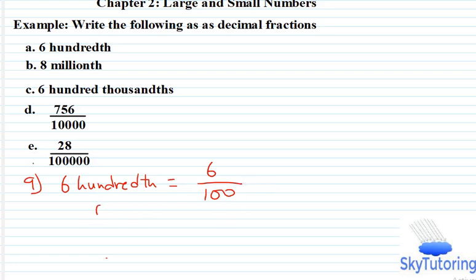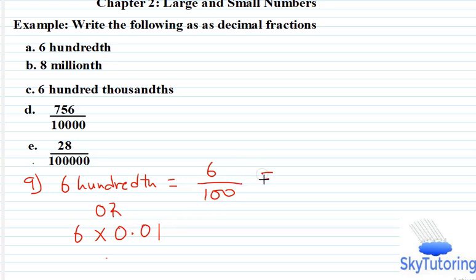Or it's the same thing as saying 6 multiplied by 0.01. Remember our place value: we have the tens term, and then we have the hundreds. So you can either write it like this or you can write it like this. Either way is correct.